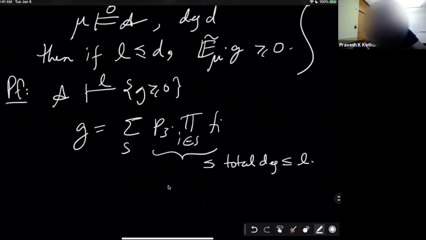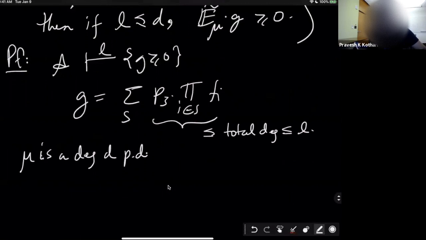Now we are saying mu is a degree D pseudo distribution, and it satisfies A at this parameter L set to value 0. What does that mean?